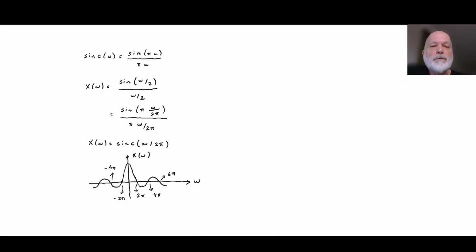Remember that we are trying to find the frequency content of x of t, and we express x of t in terms of the frequency components. This positive and negative weights obtained in the Fourier transform, I call it a weight because it is in fact a measure of the frequency content in x of t.